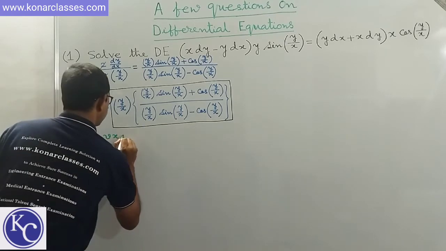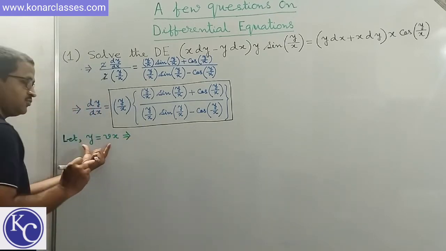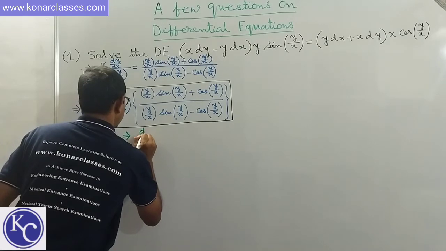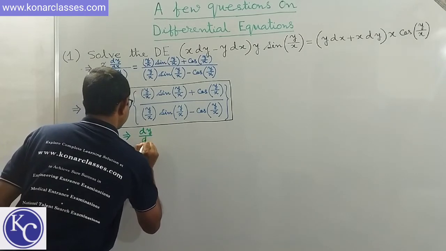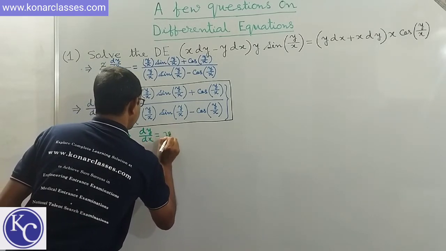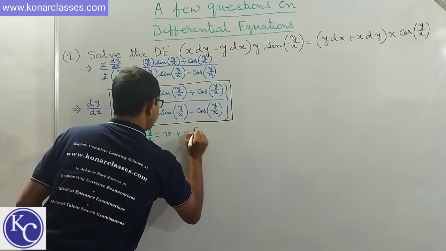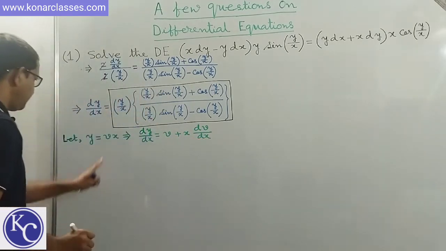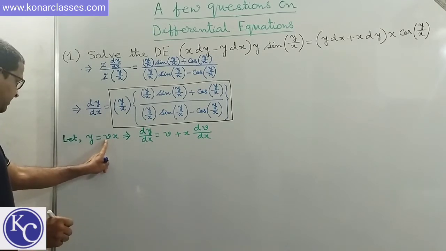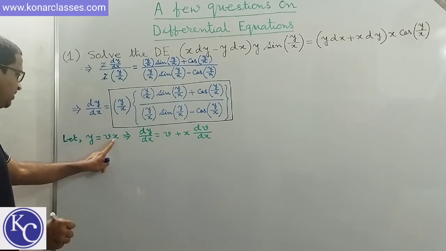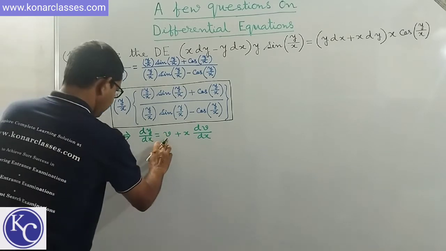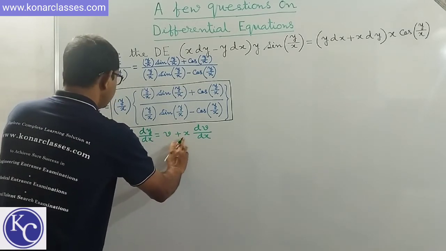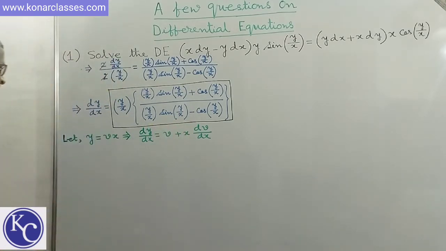This implies what, dear students? If we differentiate both sides with respect to x, we are going to get dy/dx is equal to v plus x into dv/dx, correct? Because of the product rule, d/dx of vx means v into d/dx of x, that is 1, that is why it is v, plus x into d/dx of v, that is dv/dx.